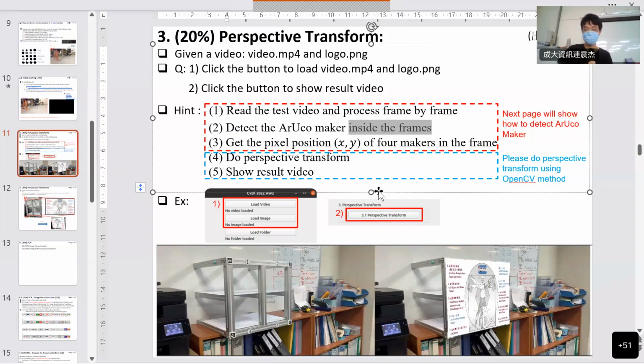And for each frame, after you detect the ArUco code, what's the homography? This step just detects the position of the ArUco code, and we will use this position to get the homography matrix.